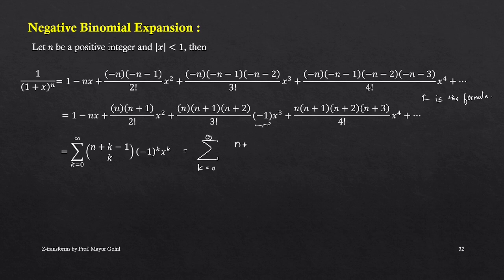You can write (n plus k minus 1 choose k) into (minus 1) whole raised to k into x raised to k, or it is also written in some books in this manner: summation of C(n plus k minus 1, k) into (minus 1) to the power k into x raised to k, where k goes from 0 to infinity.